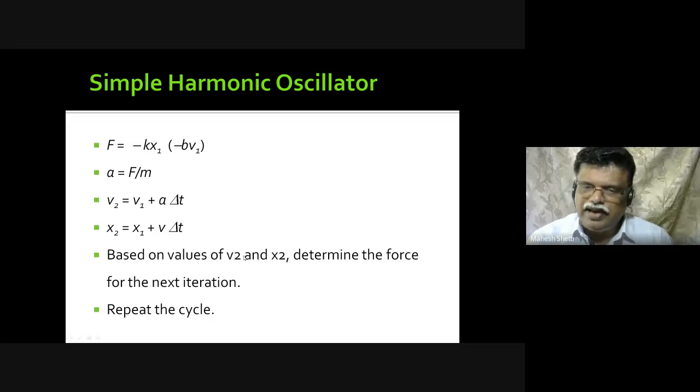So actually we'll calculate the force for the same iteration. I mean, sorry, the force for the next iteration you will calculate based on the earlier values of velocity and displacement. Keeping this in mind, let us see what we are doing in our Excel sheet. Use values of velocity and displacement in the next iteration for acceleration calculation.